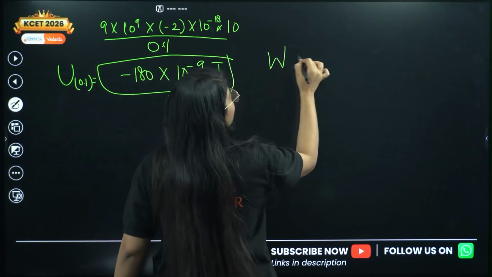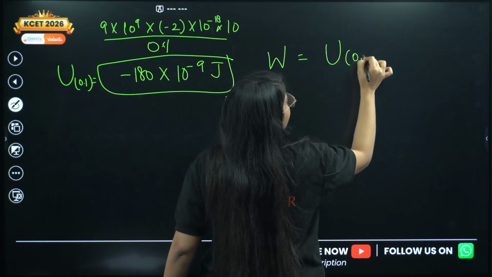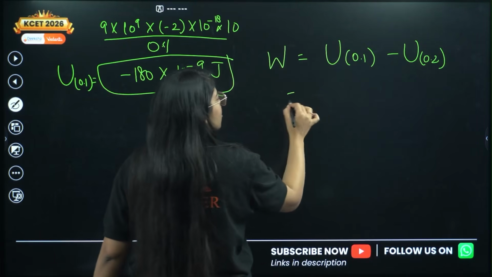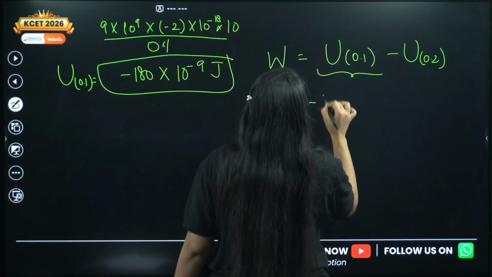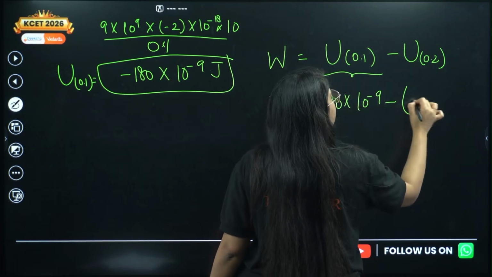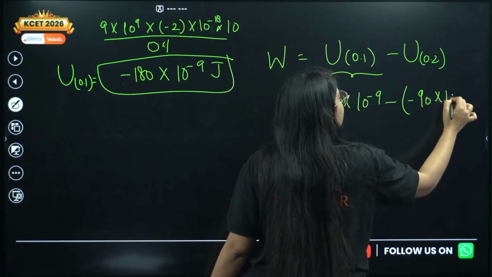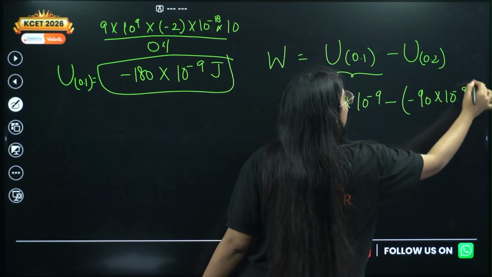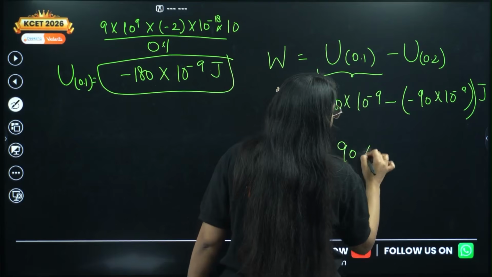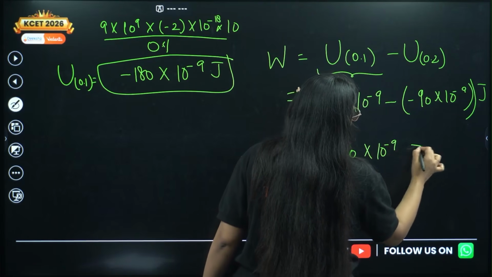Simply work done will be energy at 0.1 minus energy at 0.2, final energy minus initial energy, right? So this is -180 into 10 raised to the power minus 9 minus of -90 into 10 raised to the power minus 9. This whole is joule. So this will be -90 into 10 raised to the power minus 9 joule.